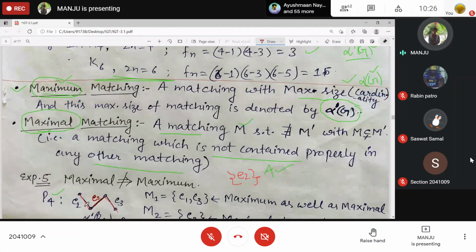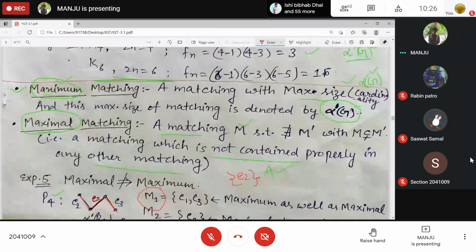E1 is not maximal because it is contained in M1, which is E1 with E3. E3 is also contained in M1. So these are not maximal. What about E2? Is it maximal?